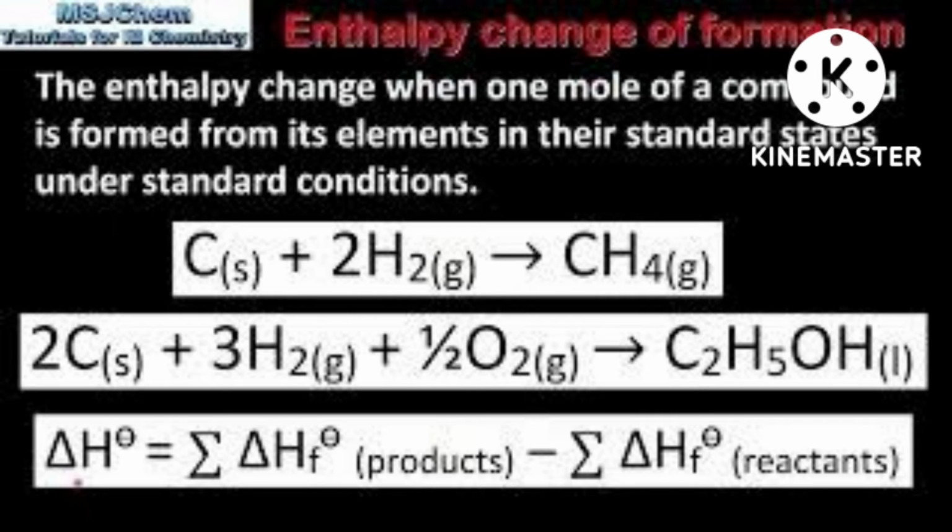Calcium oxide plus carbon dioxide forms calcium carbonate, CaCO3. That means 1 mole CaO plus 1 mole CO2, and after the arrow it gives the product, 1 mole of CaCO3, which is solid. Then the delta H value is minus 178.3 kilojoule per mole.